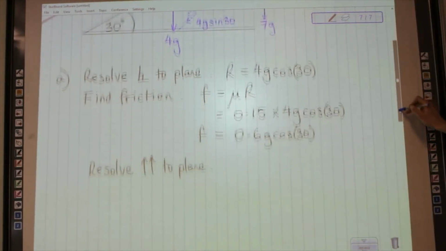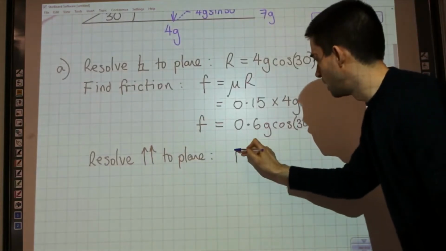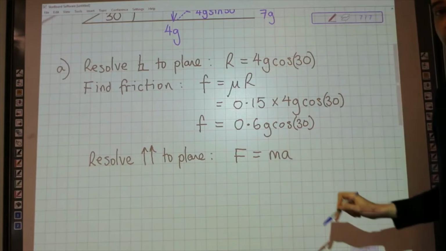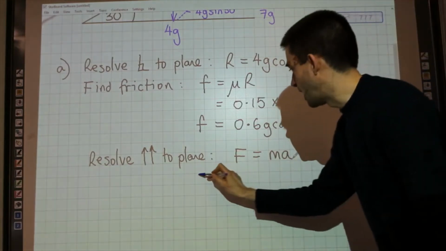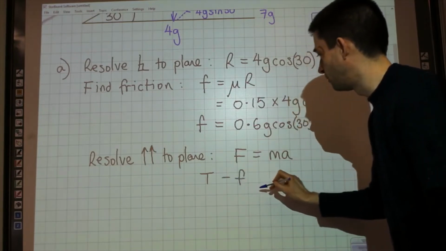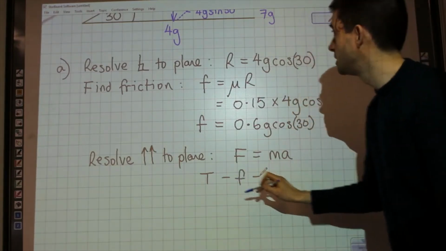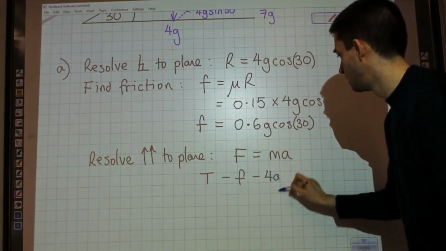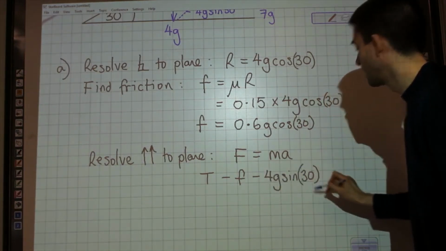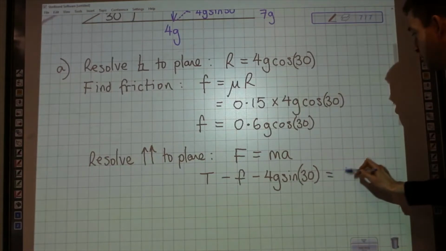So, how we're going to do this is we're going to use our resultant force equals mass times acceleration. The force acting up the plane was T, minus F for friction, minus 4g sine 30. And that is going to equal mass times acceleration.